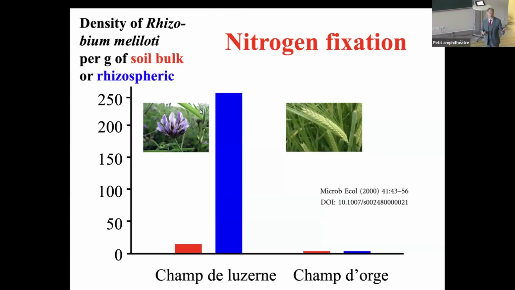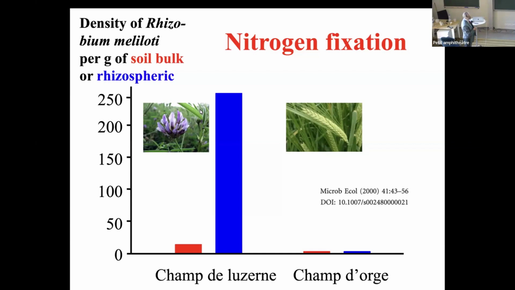If you look at Columella, for example, the Roman agronomist, he tells you how to sow legumes regularly.